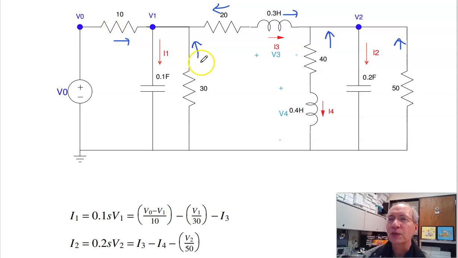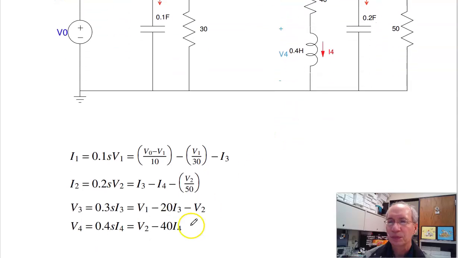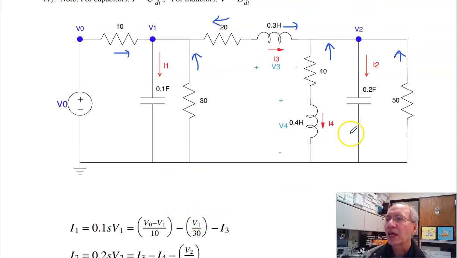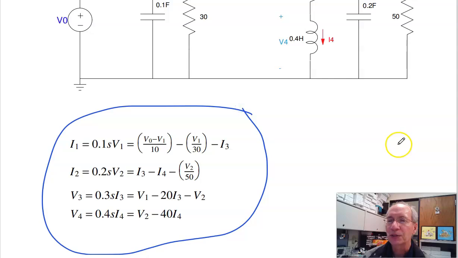For inductors, the voltage is L dI dt, so this voltage, V3, voltage on the left is V1 minus 20I3, voltage on the right is V2. And the last inductor, this voltage is V2 minus 40I4 minus 0. So these are the dynamics for that circuit.